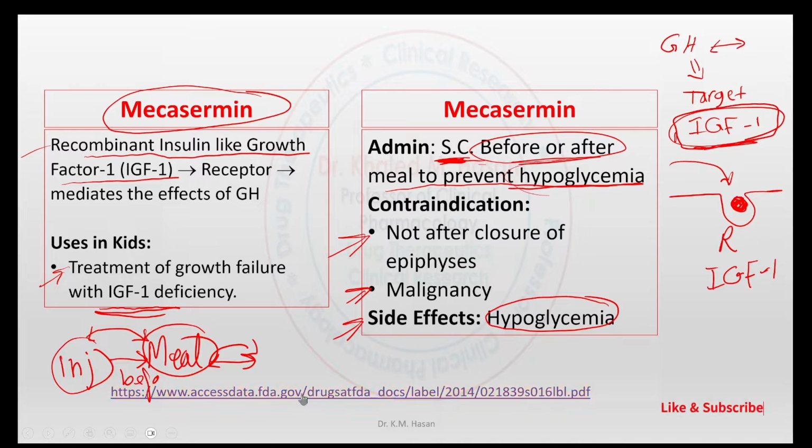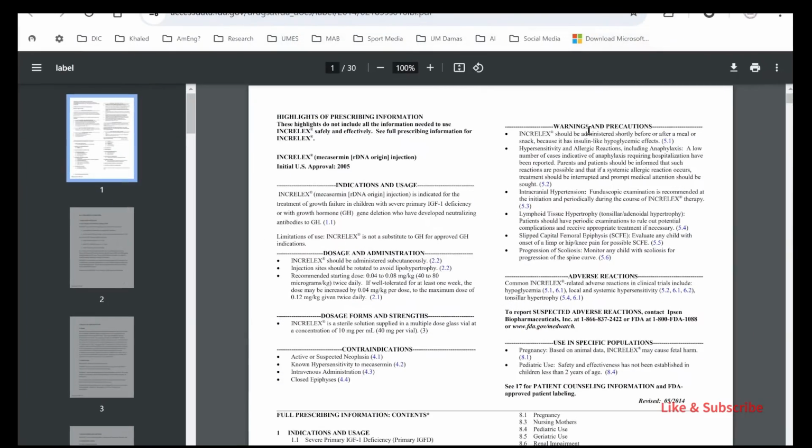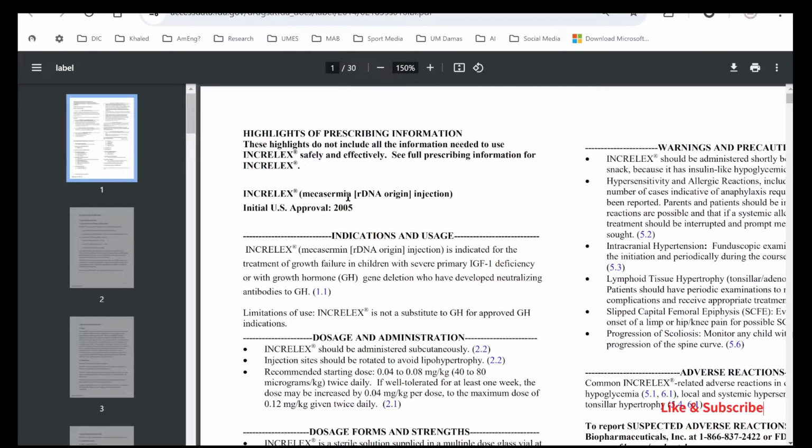Let me click on this link here and share with you what type of information you have about Mecasermin. This is 30 pages about Mecasermin and the brand name Increlex, and as you can see, Increlex, Mecasermin, recombinant DNA technology. This medication is given injectable subcutaneous. The indication and usage you can see here.